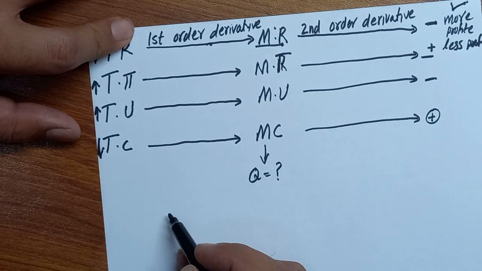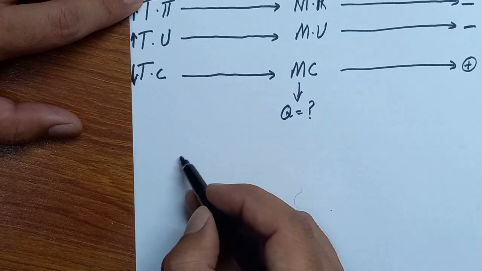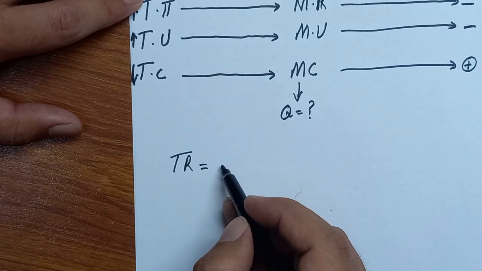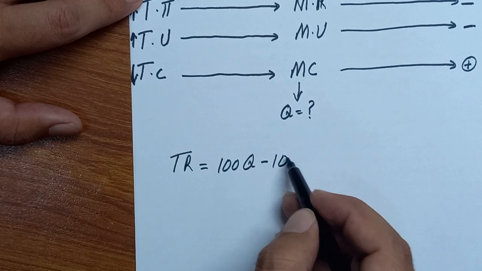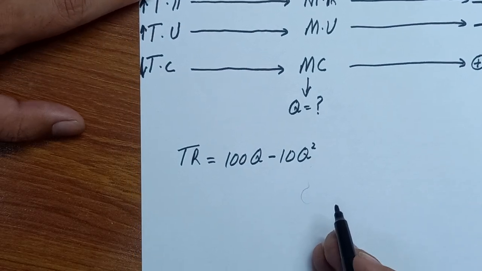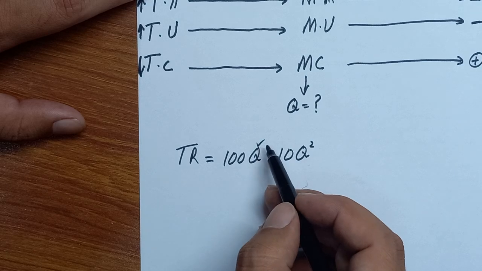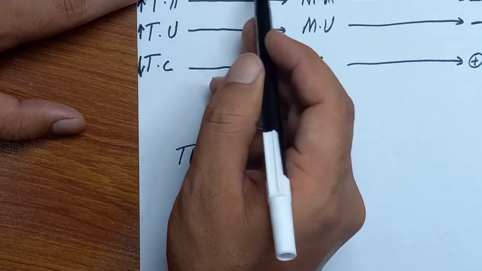So let's say we have some question, some equation: total revenue is equal to 100q minus 10q square. Here we have some function. Now we cannot find the value of q here because this is total revenue. So first we will take the first order derivatives.